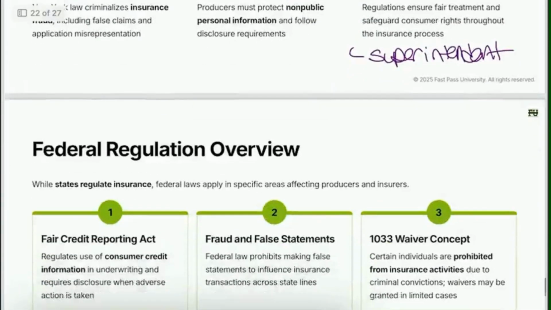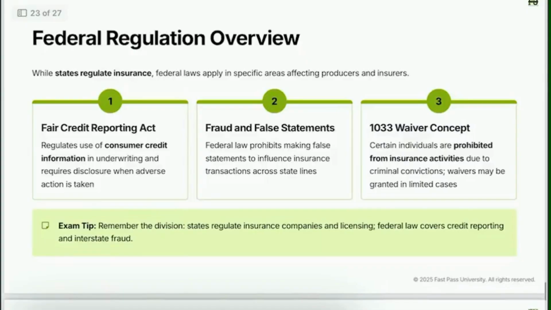Federal regulation overview. While states regulate insurance, there are federal laws that apply in specific areas. Everything we talked about was New York state laws and regulations, but you do need to know about a couple of federal regulations that are above and beyond the state of New York. That is the Fair Credit Reporting Act.